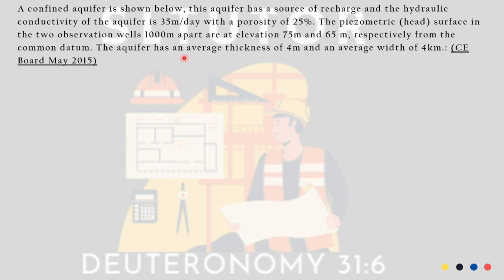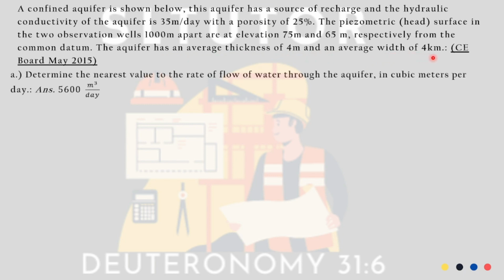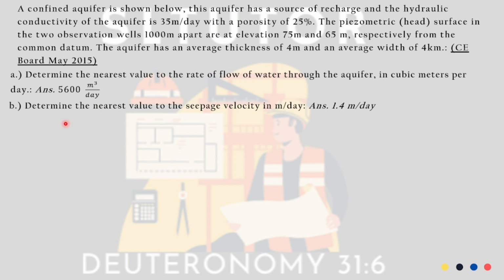The aquifer has an average thickness of 4 meters and an average width of 4 kilometers. Question 1 or letter A. Determine the nearest value to the rate of flow of water through the aquifer in cubic meters per day, which is the Q. Letter B, determine the nearest value to the seepage velocity in meters per day.